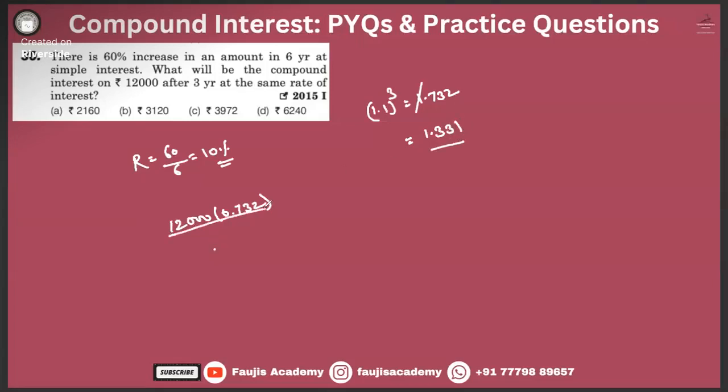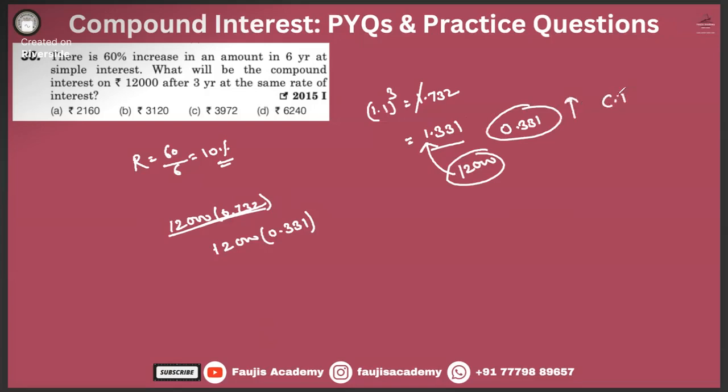Apologies. So it's 12,000 into 0.331. This 1 over here represents 12,000, and this 0.331 represents the increase in its value due to compound interest.